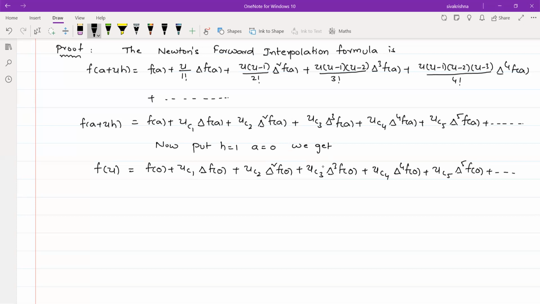Okay, so we have substituted a is equal to 0 and h is equal to 1 in Newton's forward interpolation formula, then we get this step.